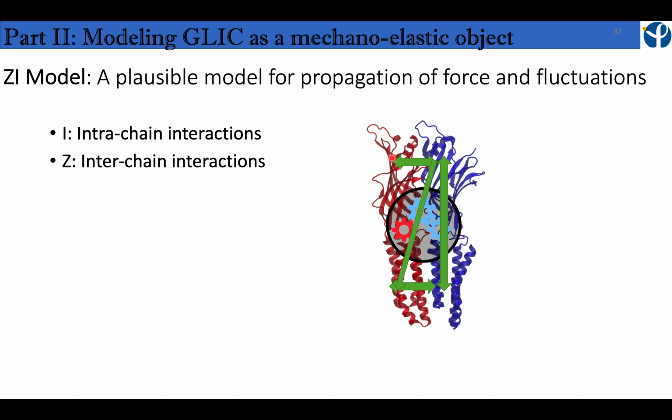The top part of Z means that two neighbor ECDs are interacting with each other. The bottom part of Z also says that two neighbor TMDs are interacting. And the diagonal element of Z tells us their loops are also interacting, and these loops can propagate force and fluctuations between the ECD of chain A to the TMD of chain B.